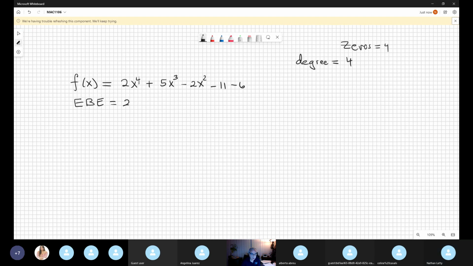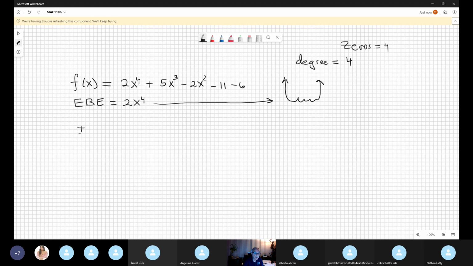Exactly. 2x to the 4th. And you infer, according to the end behavior expression, that the graph looks like that. Yes or no? Yes. Because the coefficient is positive and the exponent is even. When you finish, you have a graph like that. Okay. I'm totally lost, but I continue.